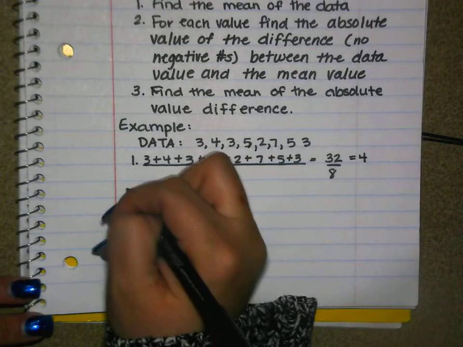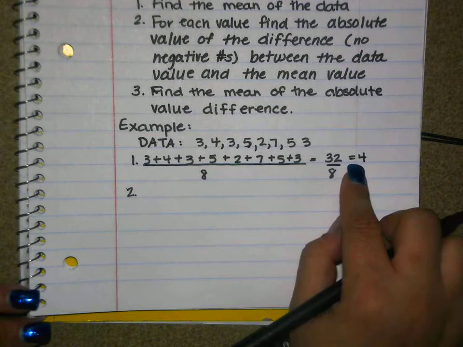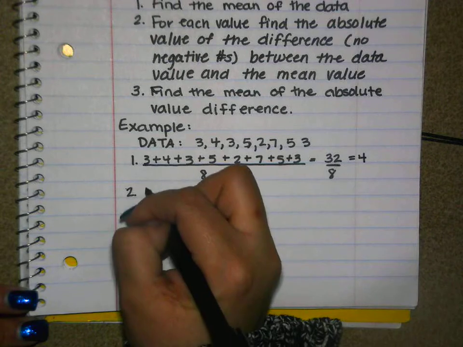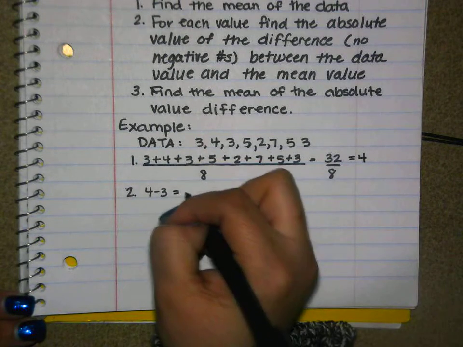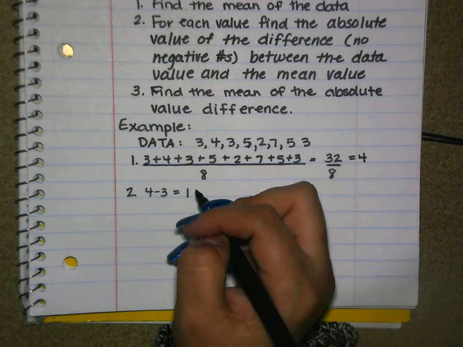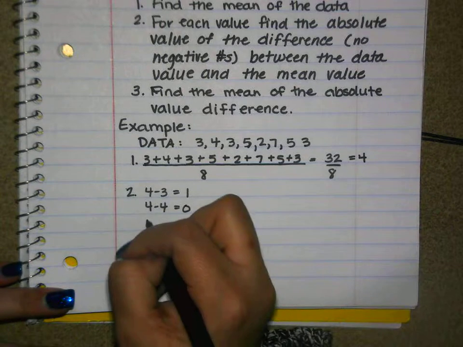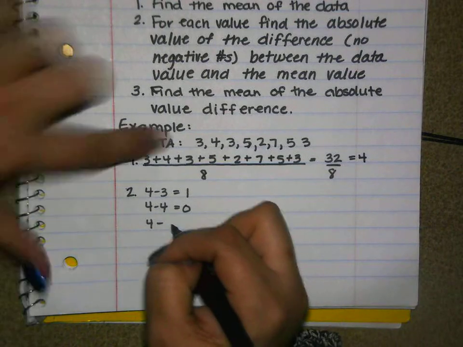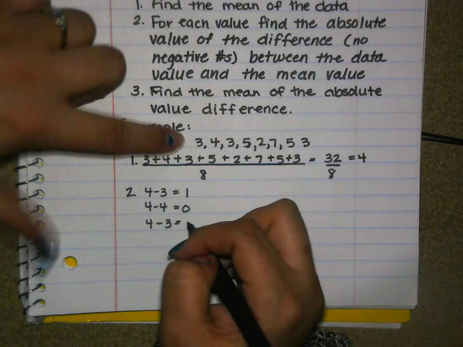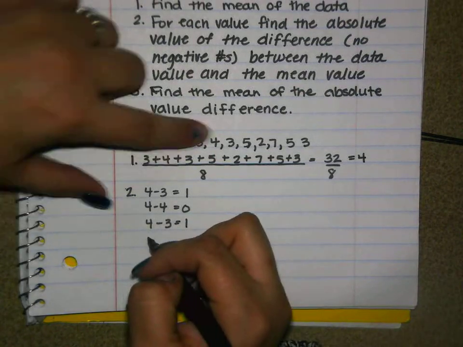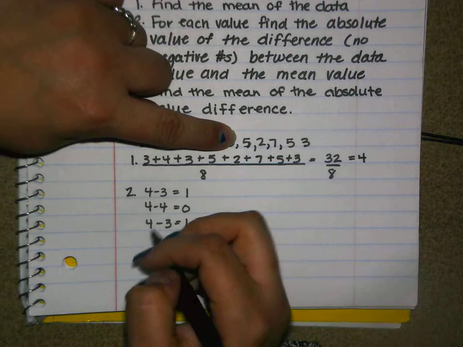So now for number 2, we're going to find the difference between each of these values and 4. So 4 minus 3, 4 minus the first one, is equal to 1. 4 minus 4 is equal to 0. 4 minus 3 is equal to 1, and then this one's 5. So instead of just taking the absolute value, let's go ahead and put the bigger number in front.